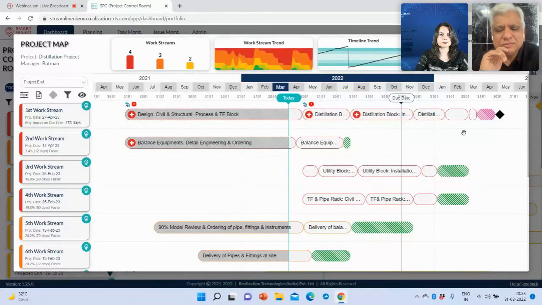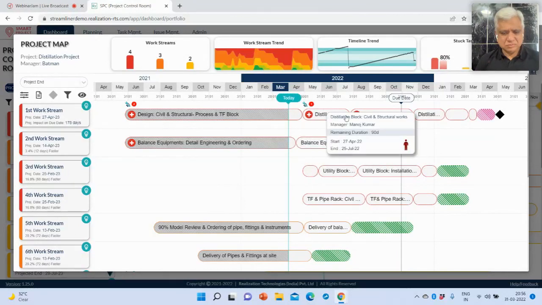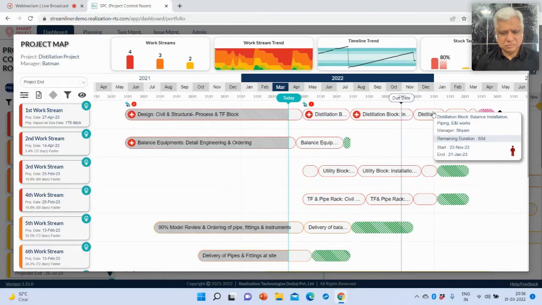The box level plan is good enough to give you the predictive information that you require. That also means that we do not need to create a very detailed schedule right at the beginning when we don't have all the information. This supports rolling wave planning, which means as more and more boxes get completed, we get more information, and we start detailing the subsequent boxes. We don't need to do them all upfront.